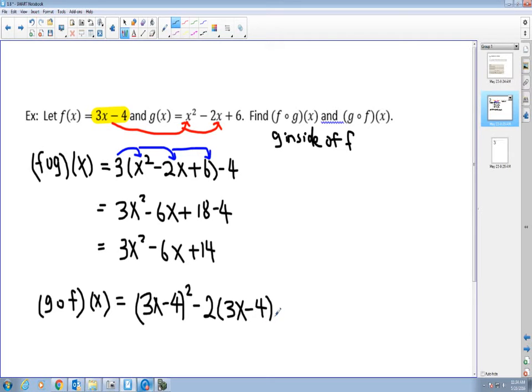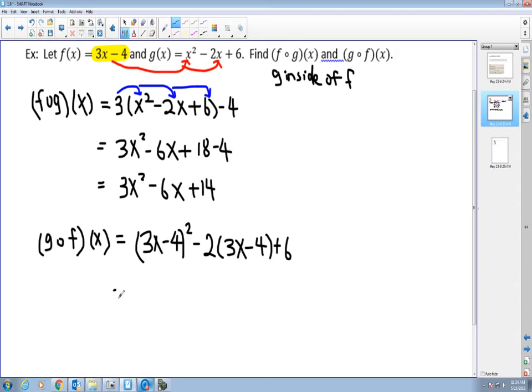And then plus 6. Alright, so let's simplify this real quick. This is 3 terms. My first term, perfect square binomial, tells me that will be 9x squared minus 2 times a times b. So that will be 2 times 3 is 6 times 4, 24x, plus 16. Alright, negative 2 distribution, negative 6x and the positive 8.